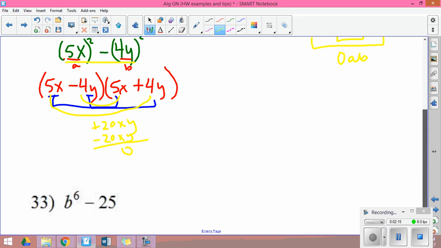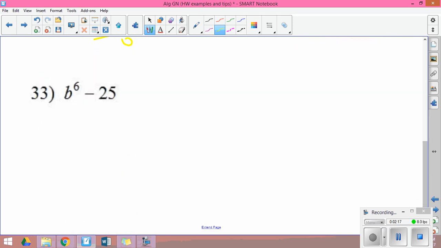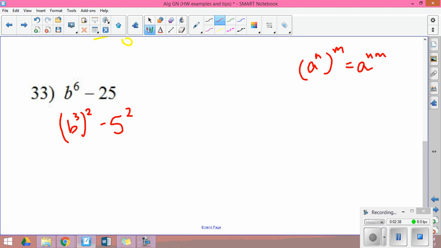Now that even works when we have higher even powers, because I can think about b to the 6th as b cubed squared minus 5 squared. Remember that power rule, a power to a power, we multiply. So I want to think about any even power, say, x to what power squared?